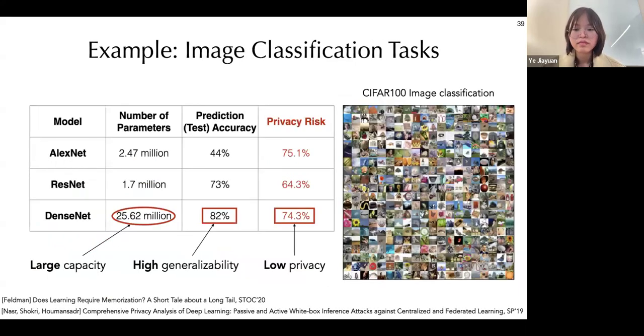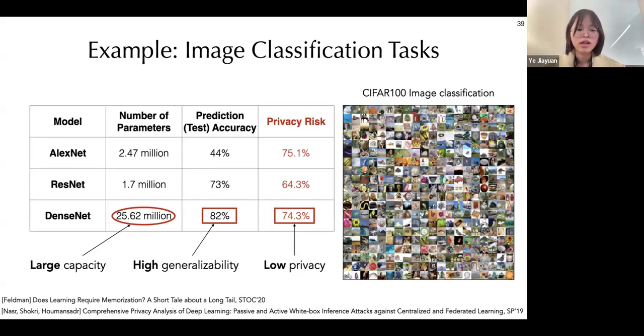And this is another example for image classification. It's on the CIFAR-100 dataset. And again, it's not really that vulnerable a dataset, but it's illustrating that the attack succeeds also in this image domain.